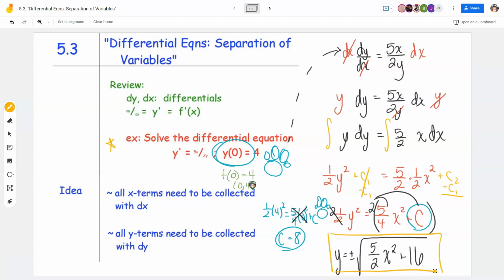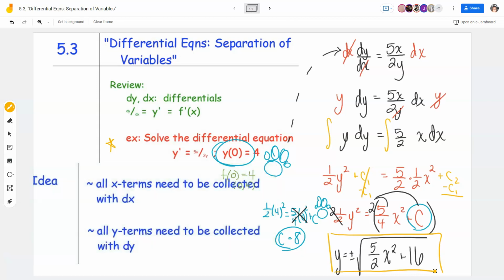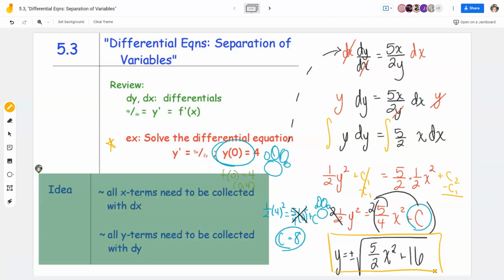Remember? I'm trying to zoom, but I have too many things in my slides, so it's not letting me zoom. But that's okay.